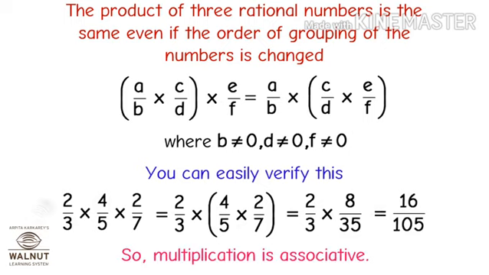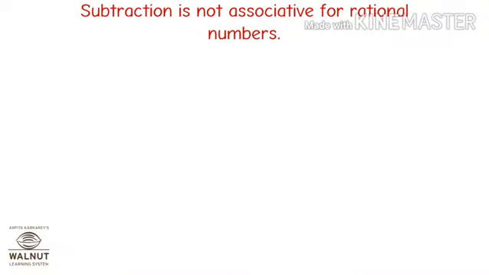So, multiplication is associative. Subtraction is not associative for rational numbers.